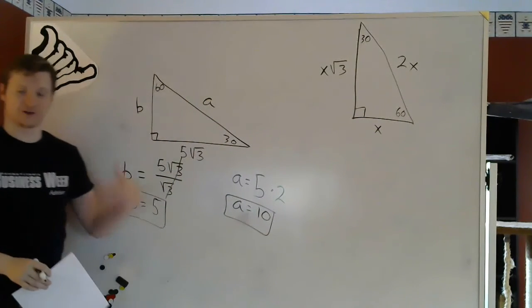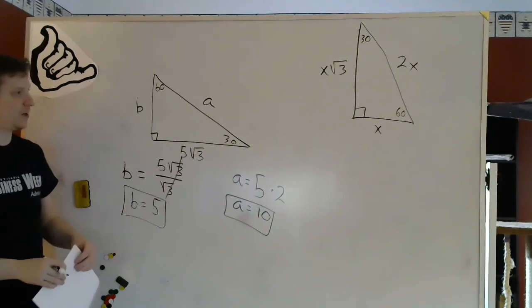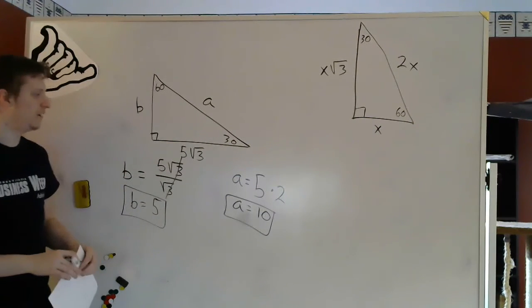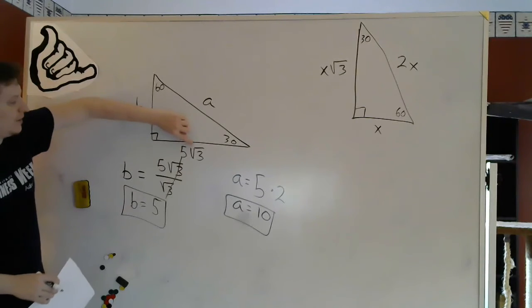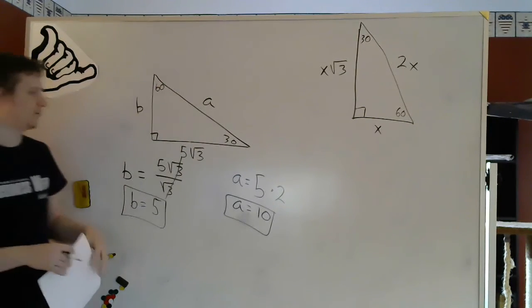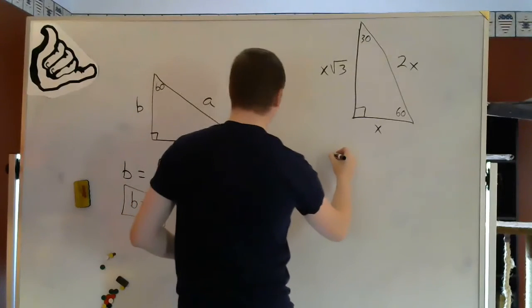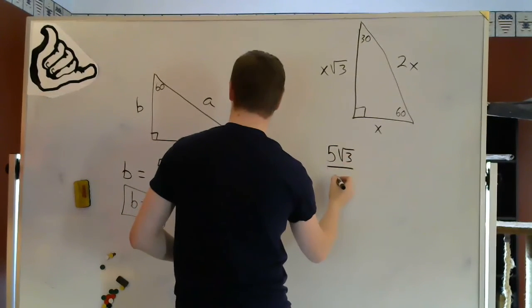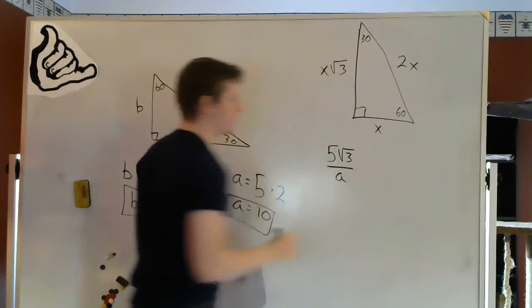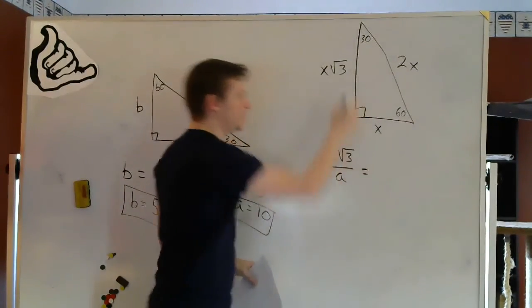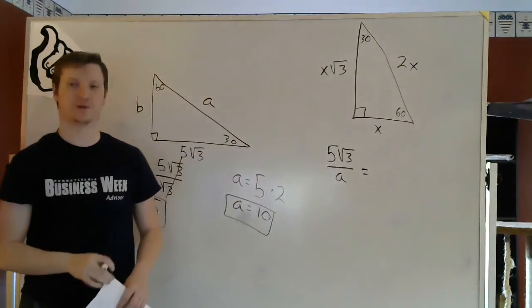Now, if you weren't sure how to do those, if you didn't remember this method of dividing and stuff quite as well, we can always fall back on our ratios as well. Let's see if we can write a ratio to go from the medium side to the hypotenuse. So I'll start with my medium side. That's 5 times the square root of 3, and I'll divide that by the hypotenuse that I want, A. I'll set that equal to the same ratio on the triangle that I should have kind of memorized.